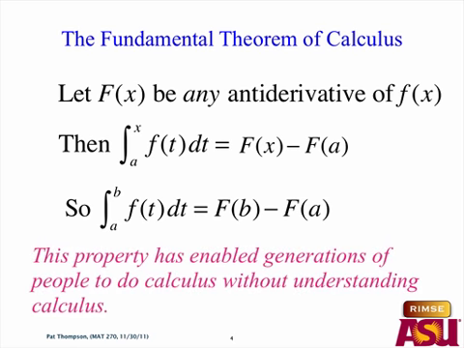This property has enabled generations of people to do calculus without understanding calculus. Because this has often become just a formula to plug numbers into and crank out answers. But you guys know way more than that. We've taken the time to really understand what this thing is.